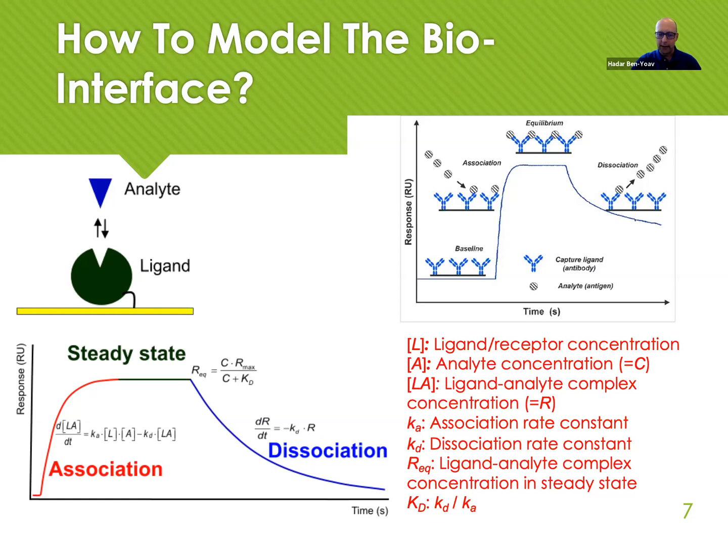Rmax is the maximum concentration of the receptor-analyte complex bound, and KD is the ratio between the dissociation and the association rate constants.